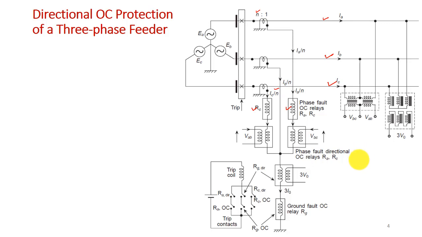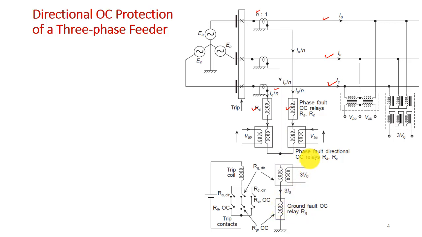If a single phase is grounded or short circuited, we call that a ground fault. So for the phase fault, overcurrent relays RA and RC will excite, and for a ground fault, overcurrent relay RG will excite.